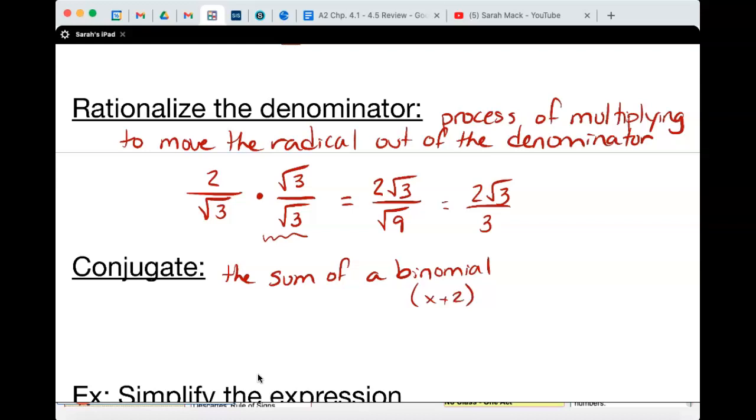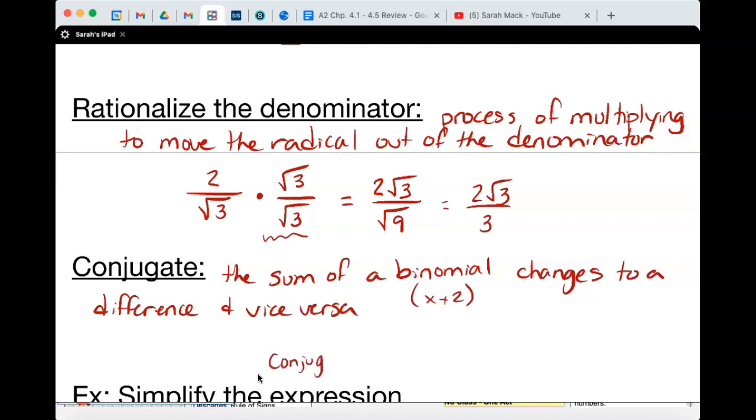The sum of a binomial changes to a difference, and vice versa. So the conjugate of x plus 2 would be x minus 2. You just change the sign. We're going to be working with radicals, so if it was 1 plus square root of 3, the conjugate would be 1 minus square root of 3.